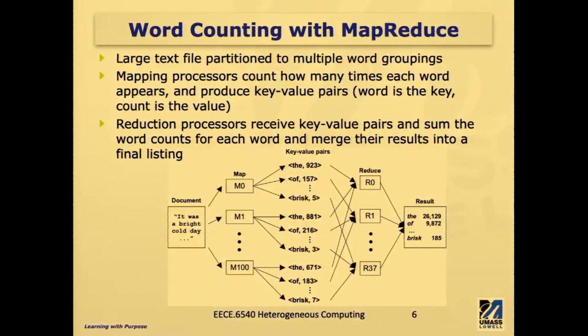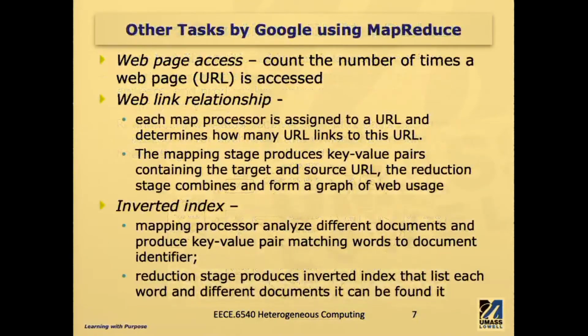Okay. We're going to come back to this example shortly because I'm going to talk about the implementation of this algorithm in OpenCL. There are other tasks by Google and of course other companies that can be addressed using MapReduce. For example, web page accesses, that is to count the number of times a web page is accessed.